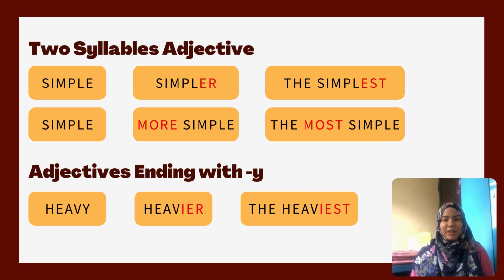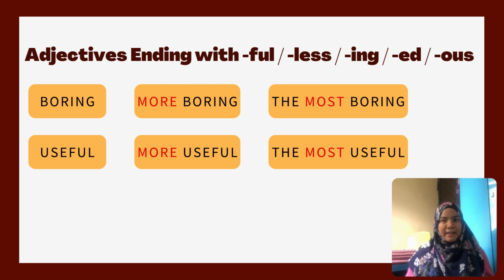If you are not sure whether a two-syllable adjective can take the er or est form, or more or most, play it safe and use more and most instead. But two-syllable adjectives ending with ful, less, ing, ed or ous always form their comparatives and superlatives with more and most.